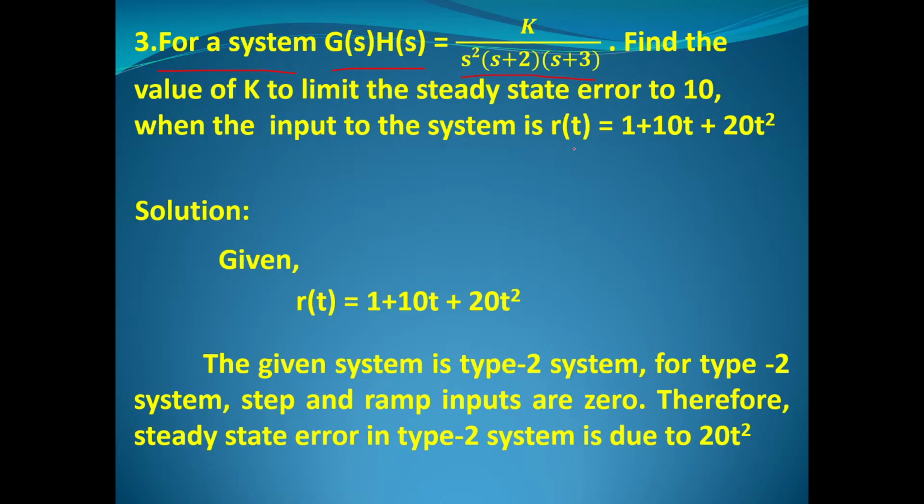So K by s square into (s plus 3). Find the value of K. You have to determine the value of K to limit the steady state error to 10.